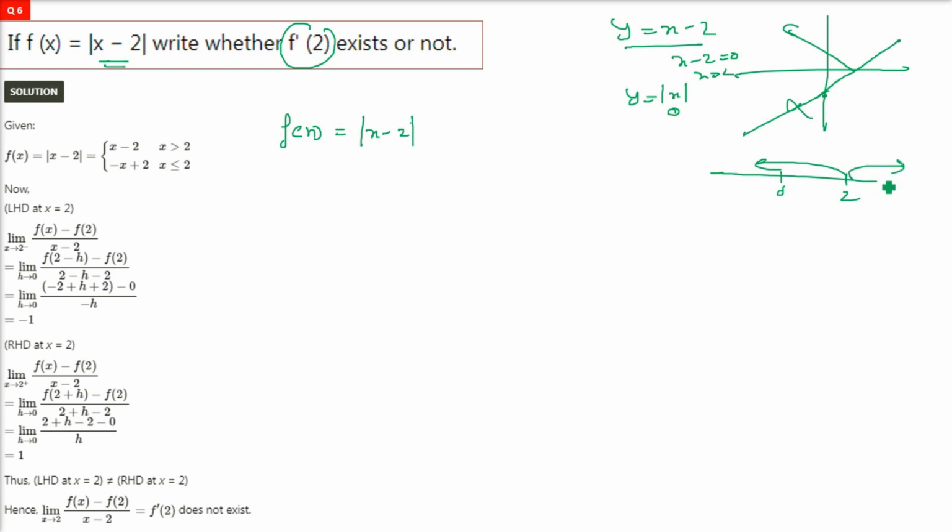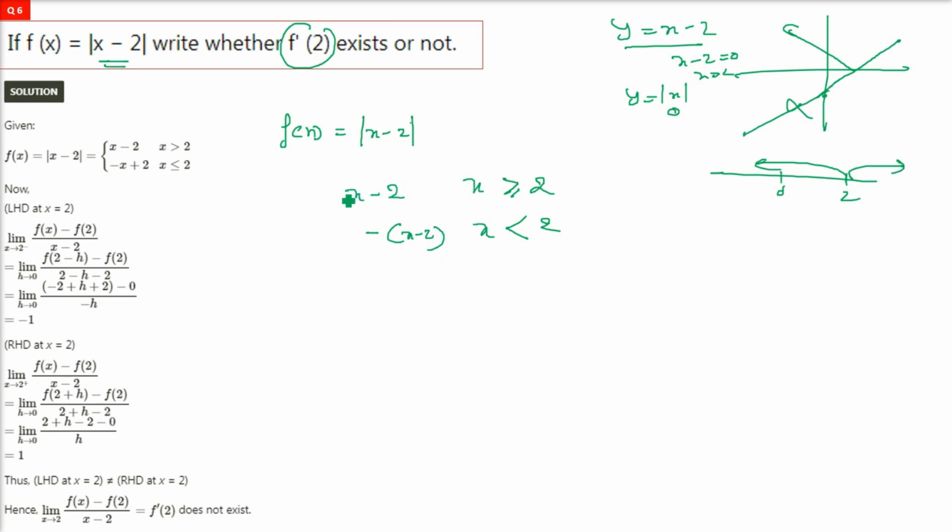All the values above 2 are going to be positive, and all the values below 2 are going to be negative. So when x is greater than or equal to 2, you get x minus 2. When x is less than 2, you get negative of x minus 2. I hope you got this idea.